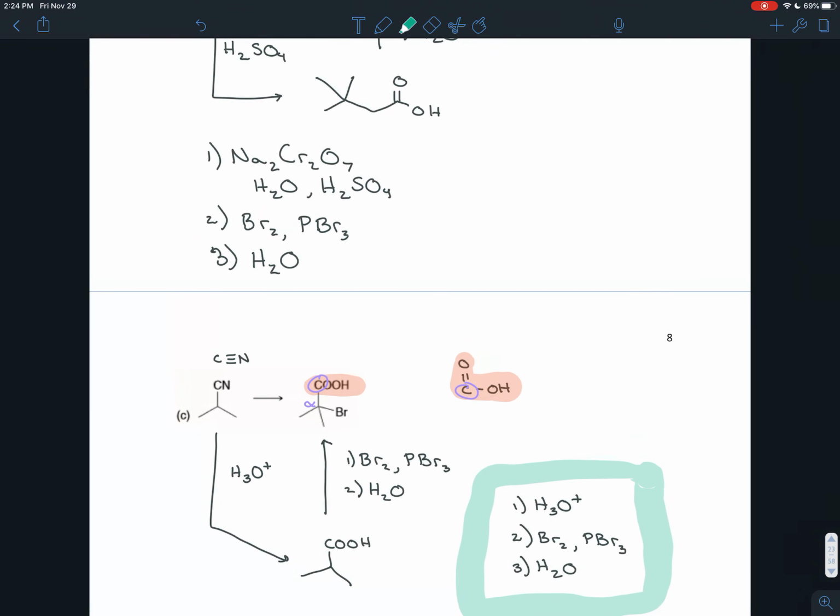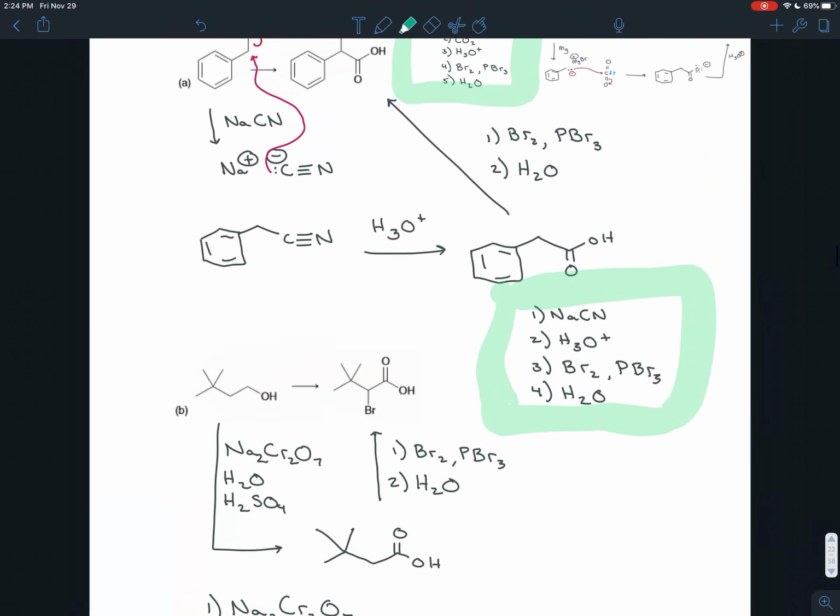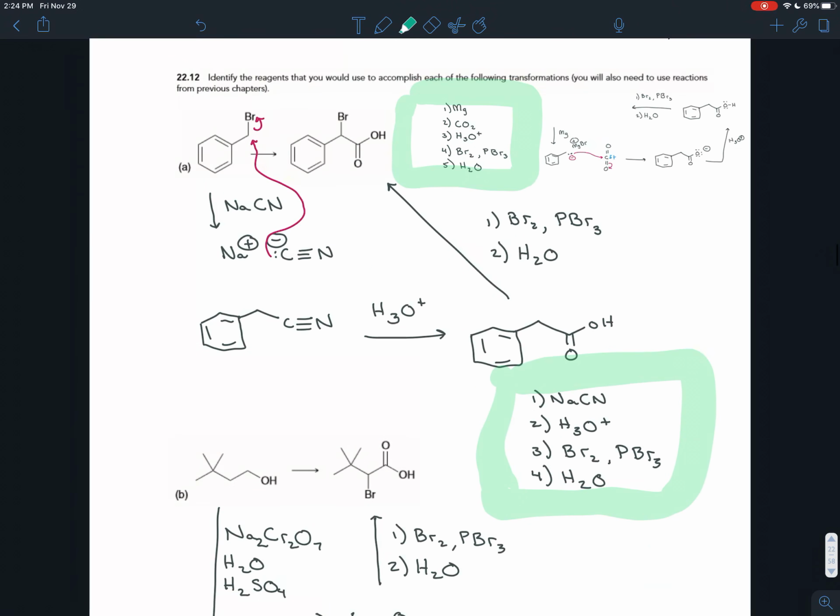So you can see how when you do these synthesis reactions, it connects to everything you already know. All the reactions you already learned from making carboxylic acids from different derivatives can connect now with a further step. Once you have the carboxylic acid, you can do the step of putting a bromine on that alpha position. And once you have that, you can do an SN2 reaction with ammonia, get an amino acid, and the world is your oyster.